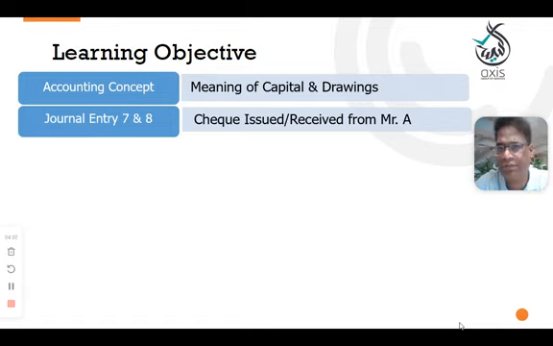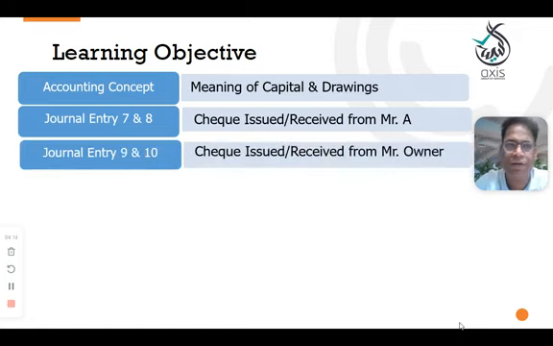related to check received or check issued to a person. And entry number 9 and 10, check received or issued to an owner.